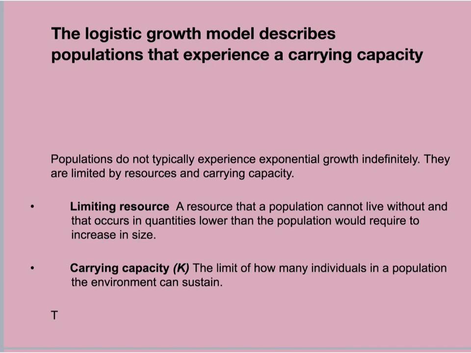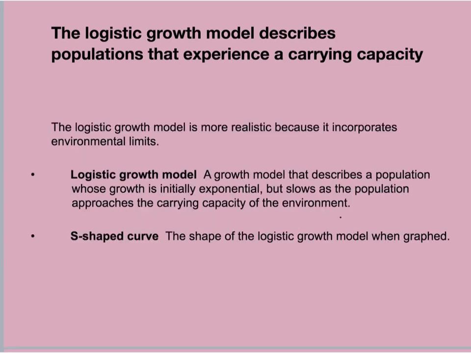So the logistic growth model describes a population that is growing initially exponentially, but then eventually slows to what we call a carrying capacity. We notate that as a K. If we're honest with ourselves, the logistic growth model is a more reasonable approach to determining how populations grow, because it does incorporate what we would consider an environmental limit: food, space, something along those lines.